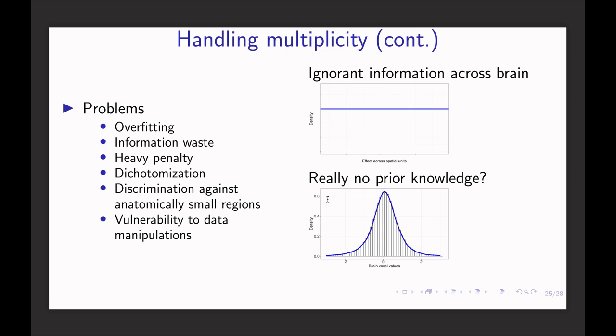Is that a reasonable assumption? Do you truly believe there's no common information among those spatial units? No, that's not true. I think you would agree that if you plot out the distribution of those spatial units, you would more likely say something like the bottom on the right-hand side.